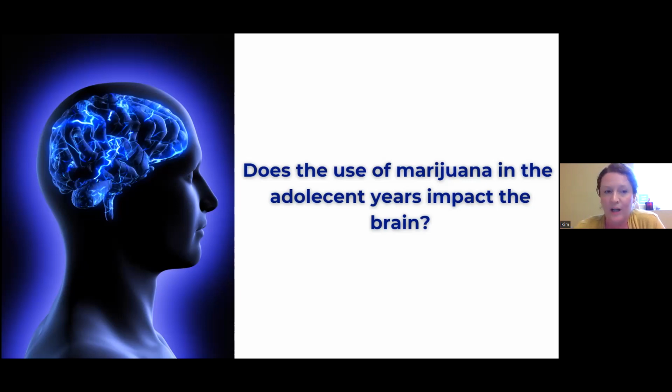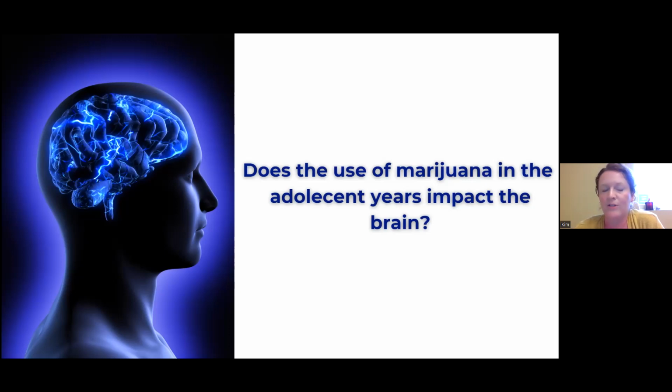So when we talk about the introduction of any kind of substance, and I'm very serious when I say this, even tobacco, alcohol, marijuana, or any other kind of drug introduced to their brain before it is fully developed, even before the age of 18, it can have a profound effect on what they are able to do.